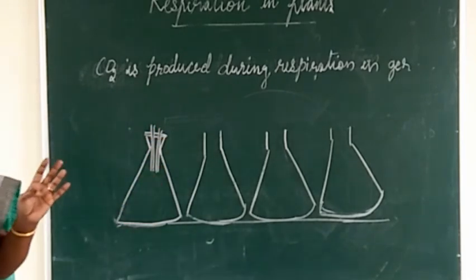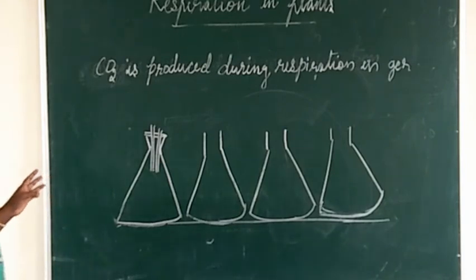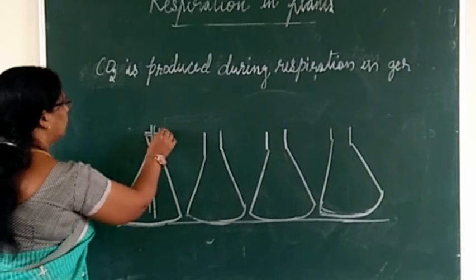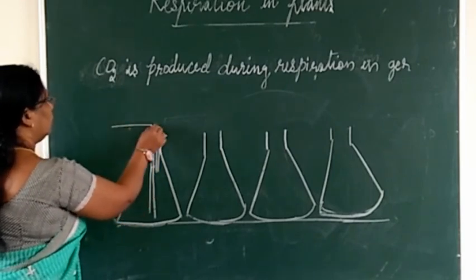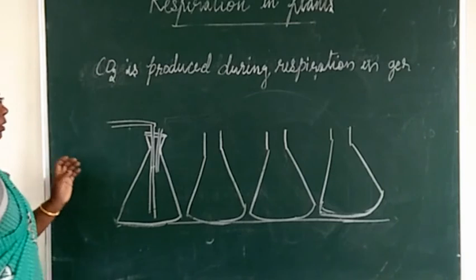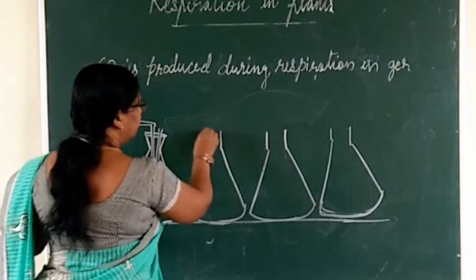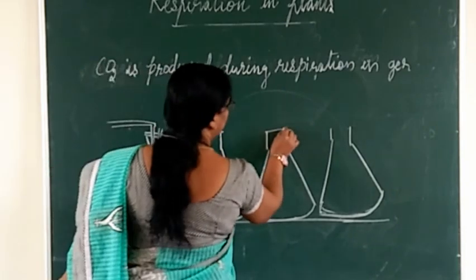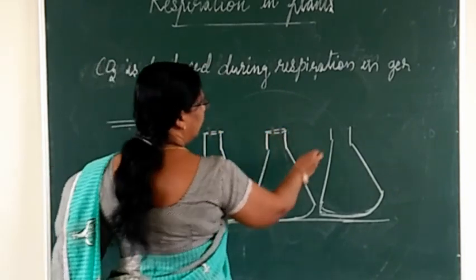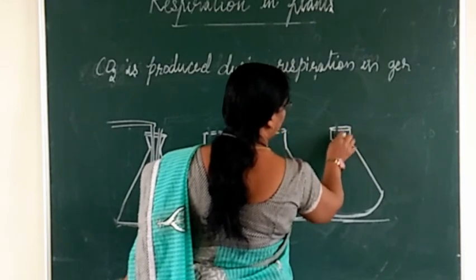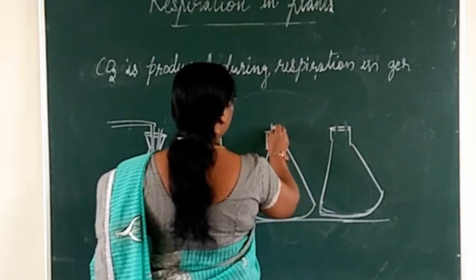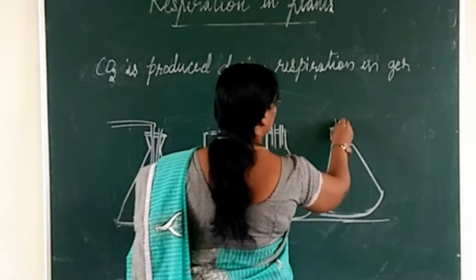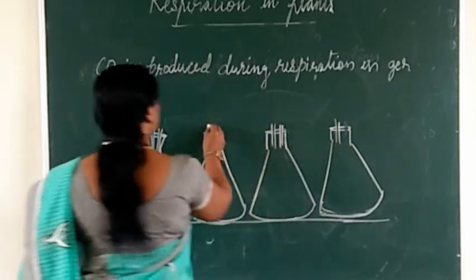Through this two hole rubber cork we pass a bent glass tube. Here also another two hole rubber cork, and in the fourth conical flask also a two hole rubber cork, so as to pass the bent glass tube.